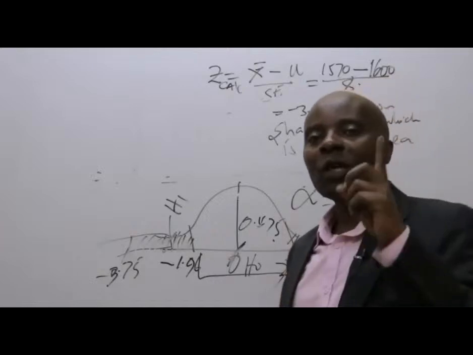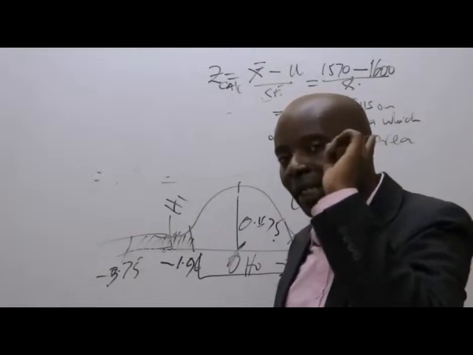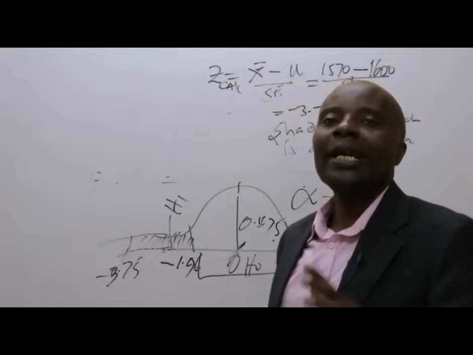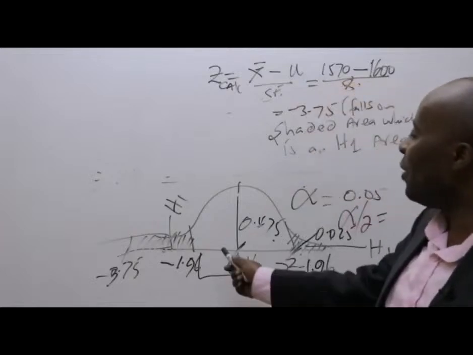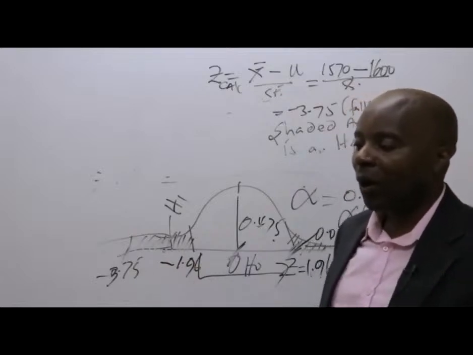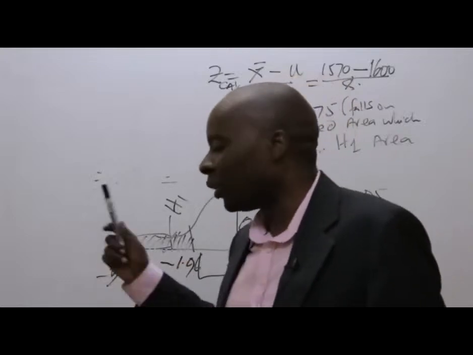That manufacturer who was claiming that his bulbs will light for 1600 hours has cheated us. Ideally, we expect even much fewer hours, because it has fallen on the left-hand side.